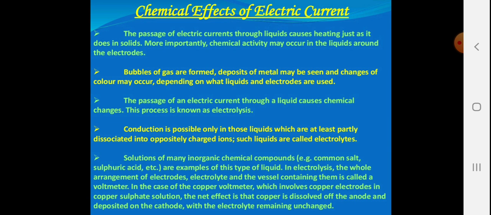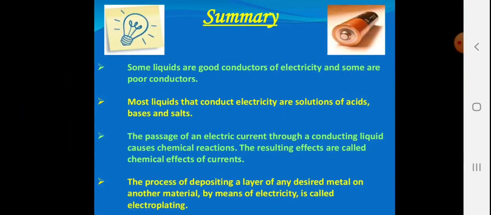In electrolysis, the whole arrangement of electrodes, electrolyte and the vessel containing them is called the voltameter. In the case of a copper voltameter, which involves copper electrodes in copper sulfate solution, the net effect is that the copper is dissolved off the anode and deposited on the cathode, with the electrolyte remaining unchanged.